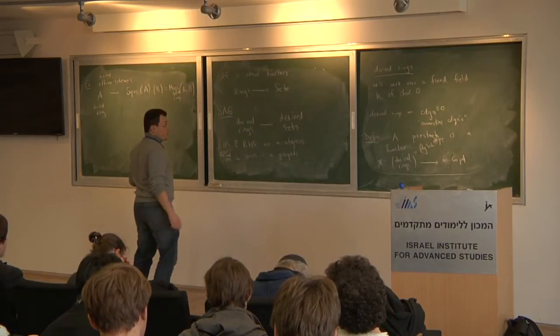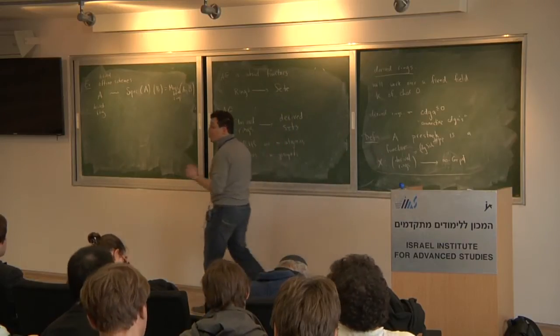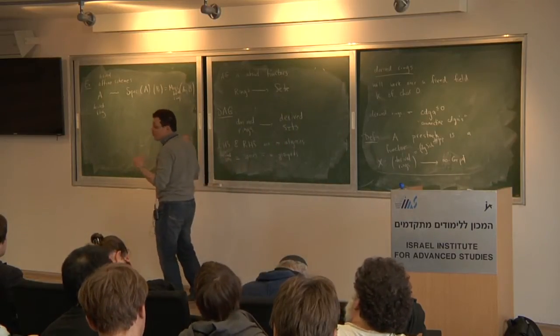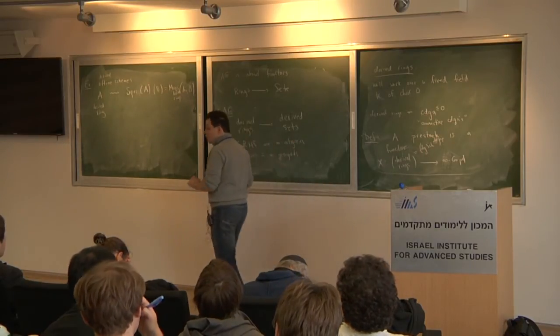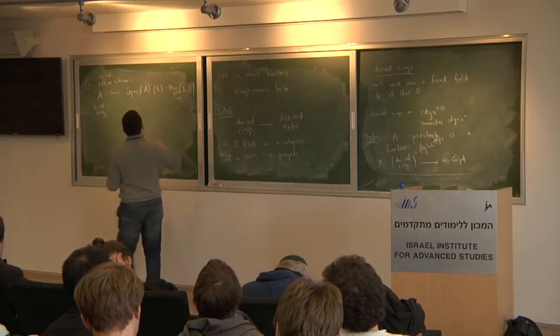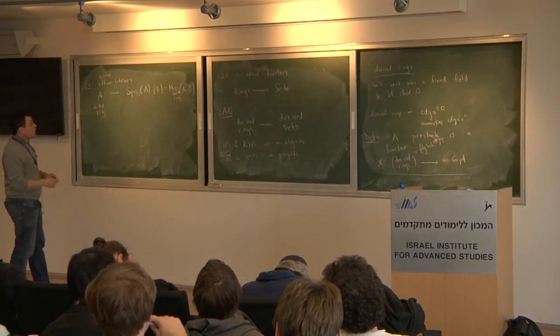The difference is that because derived rings form an infinity category, maps between them form a space. Again, in this particular model, this involves some version of the Dold-Kan correspondence to arrive at this, but let me not get into that.